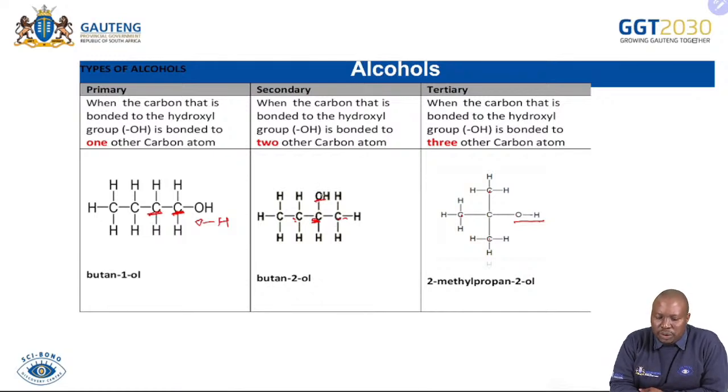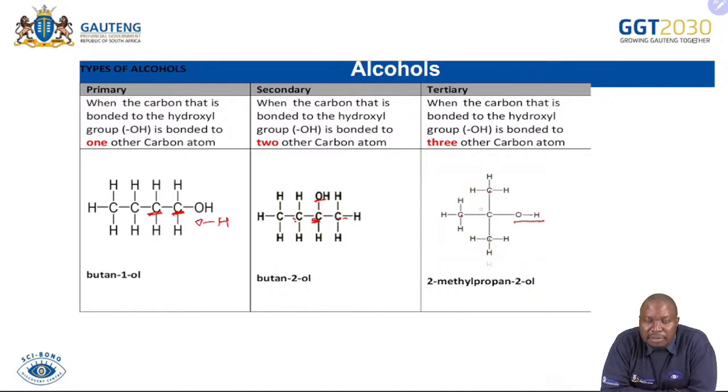If it's bonded to 2, you will refer to it as a secondary alcohol. When it's bonded to 3 other carbons, then that becomes the tertiary alcohol. Remember, we do primary, secondary, tertiary alcohols as well as primary, secondary, and tertiary haloalkanes. We can put a chloro there, then it will still be primary haloalkane, secondary haloalkane, and tertiary haloalkane.